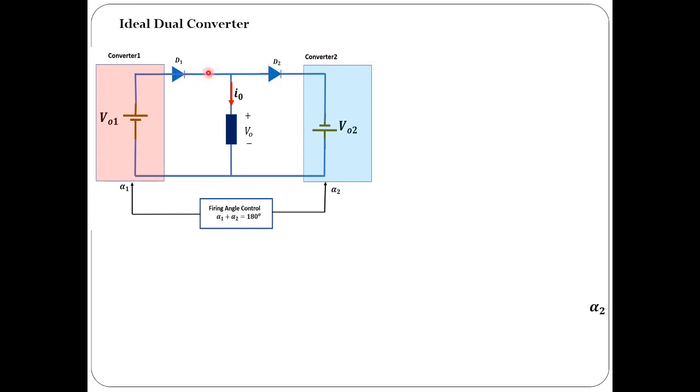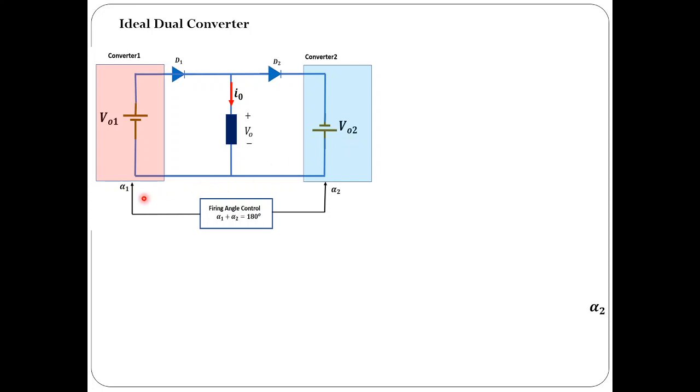These diodes, diode 1 and diode 2, indicate the direction of the current flowing through converter 1 and converter 2. Converter 1 would inject current in this direction, whereas converter 2 injects current in this direction. Now V01 and V02 are the voltages across converter 1 and converter 2 respectively.